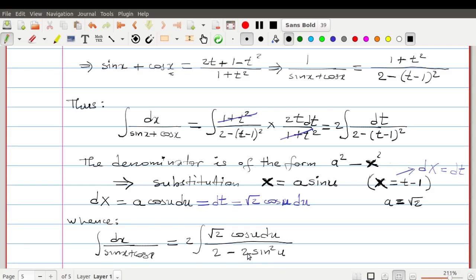Now I can factor by 2. If I factor by 2, it will be 1 minus sine square u, and then we can close here.